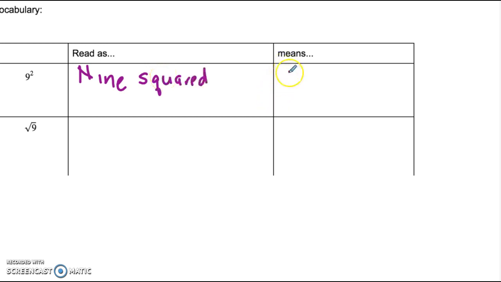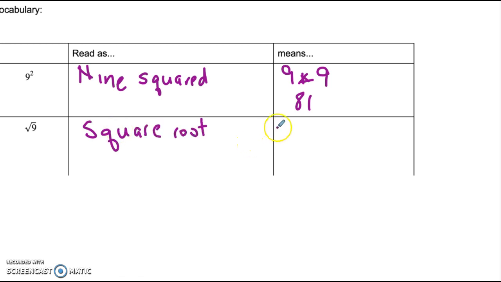It means 9 times 9, which is 81. The next problem is the square root of 9. And that means what number multiplied by itself equals 9? And that answer is 3.